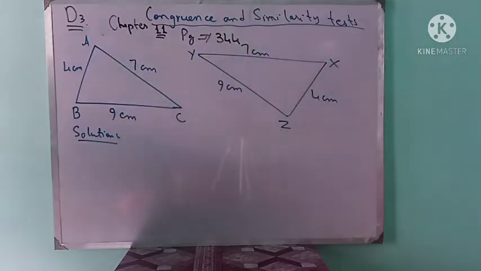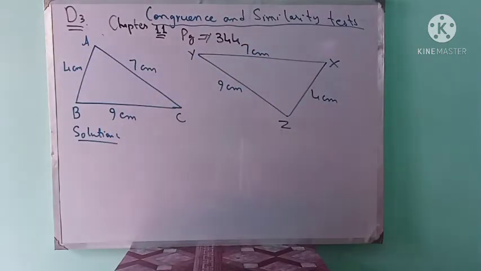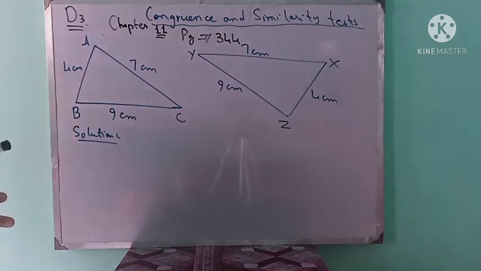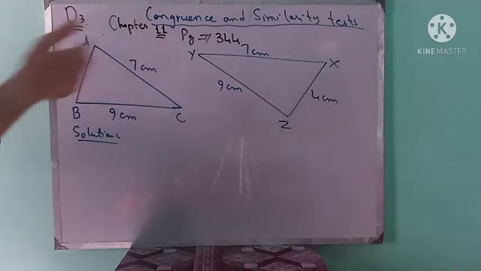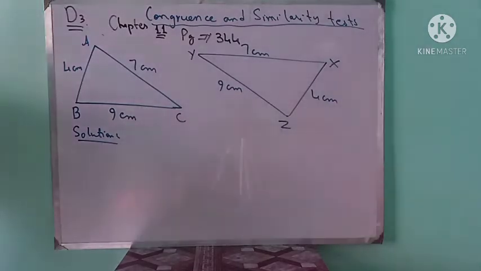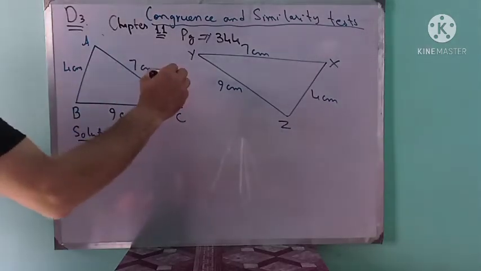So we have to prove whether the three corresponding sides of the first triangle are equal to the three corresponding sides of the other triangle or not. If these are equal, these two are congruent triangles, otherwise these are not congruent triangles.